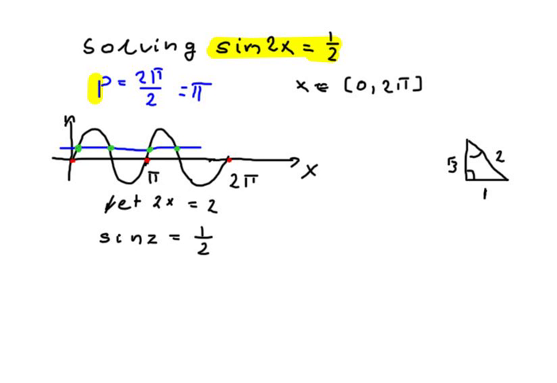So the ratio opposite over hypotenuse, 1 over 2, will give me a 30-degree angle, or pi over 6. So first you're going to say that z is equal to pi over 6.